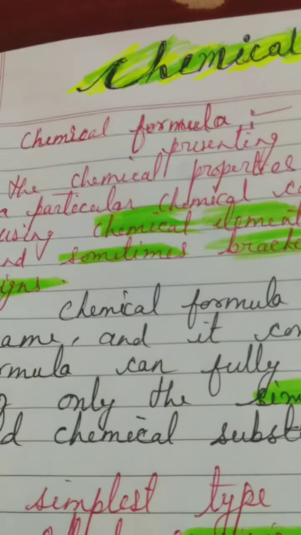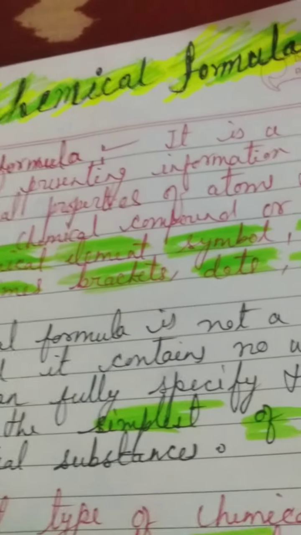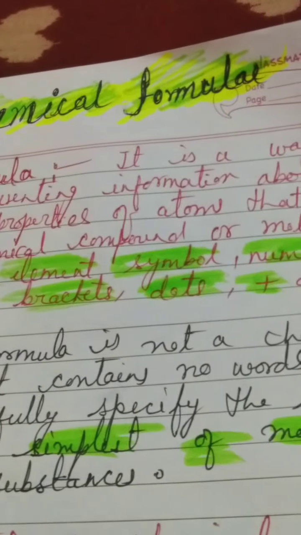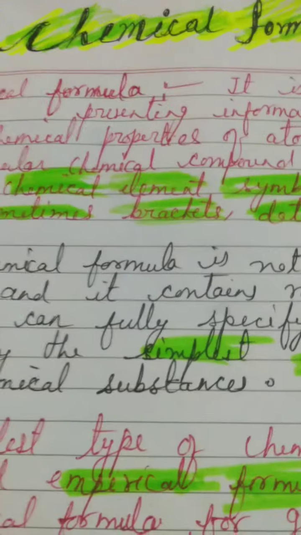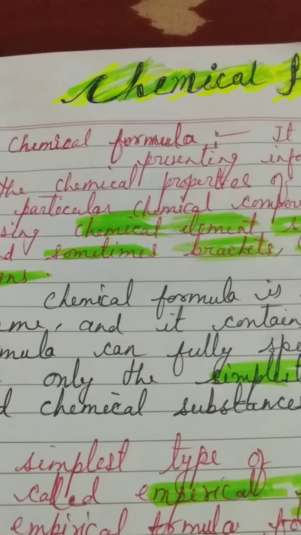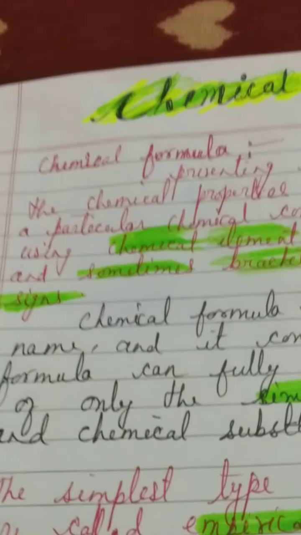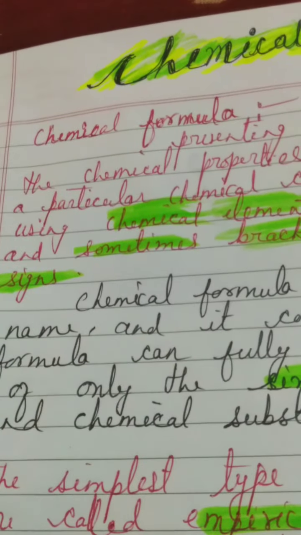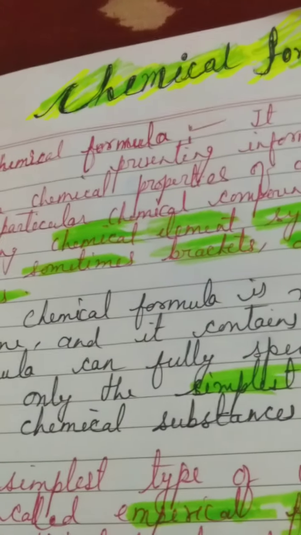Yes, chemical formula has high significance in the world of chemistry, because it is the language of chemistry, and without the language of chemistry, chemistry is not done. It is a very scientific, very coded language.